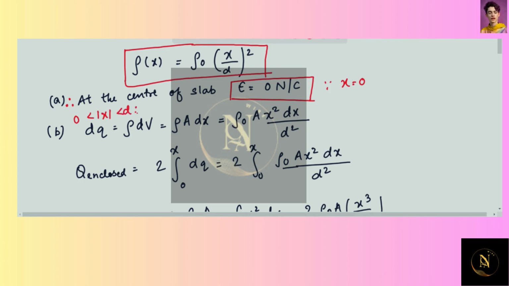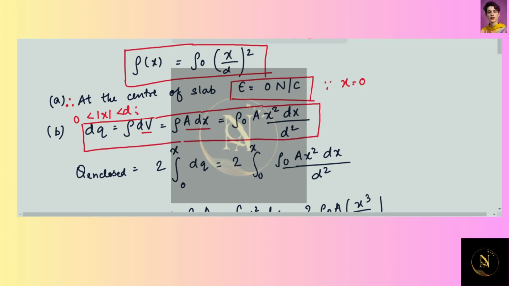For this we can say dq is given by rho dv, where the volume is A dx. This can be written with x square dx by d square. So this is the basic thing.